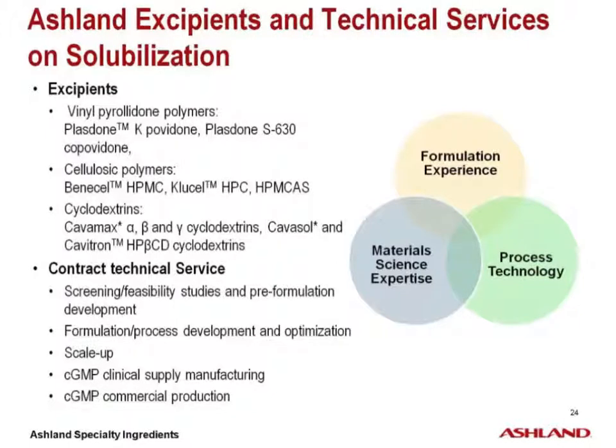For drug solubilization, we have vinylpyrrolidone polymers such as PVP and copovidone. For cellulosic polymers, we have Benecel HPMC and Klucel HPC. I also want to let everybody know that we have a new product, which is HPMCAS, and we are going to have the product launch later this year.